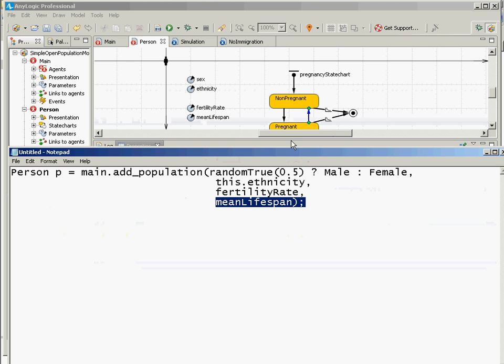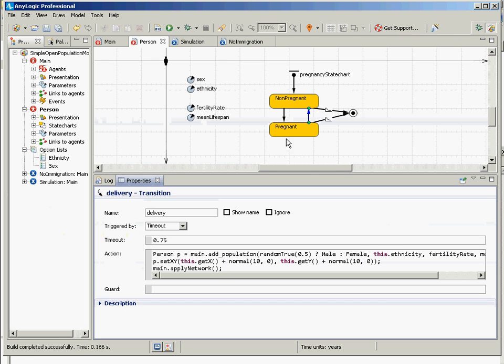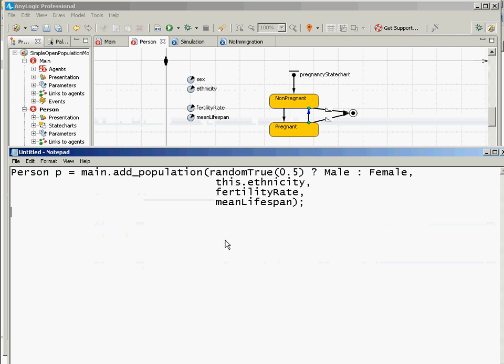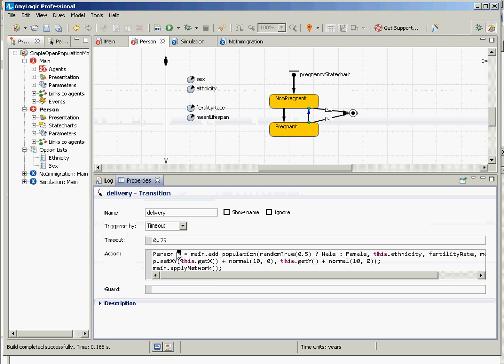They could be in main, or they can be made static members of this or something. But in any case, it's fine. It's not a big deal. Add population. So here we're adding the baby in. Oh, you know what? It should be called baby. It should have been called baby. So there we go. Baby.